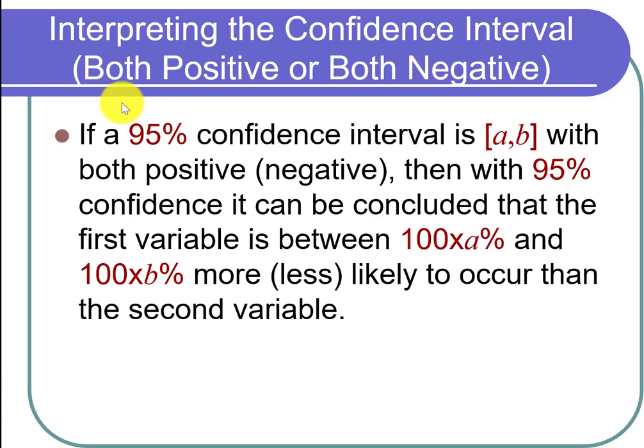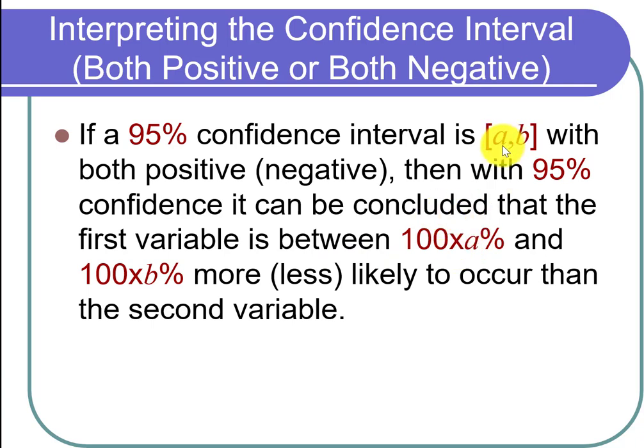So if we have a 95% confidence interval being A to B, and they're both positive or both negative, then with 95% confidence, it can be concluded that the first variable is between, and then you can compute it.